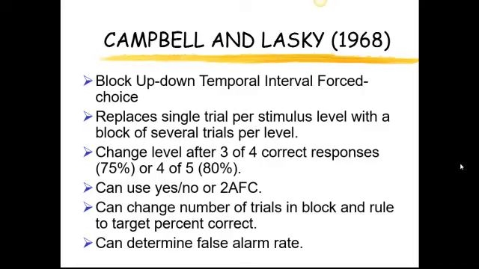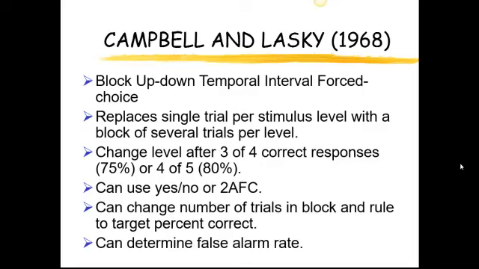Again, that's in your interactive module, and they used a block up-down temporal interval forced choice. And what this does is it replaces the single trial per stimulus level with a block of several trials per level.